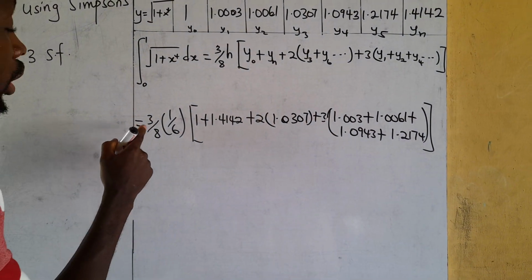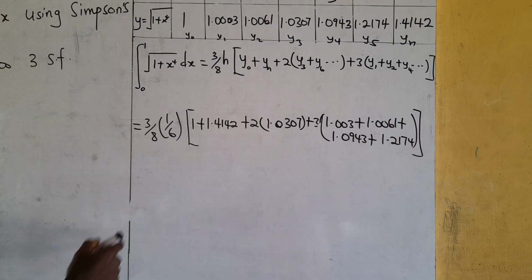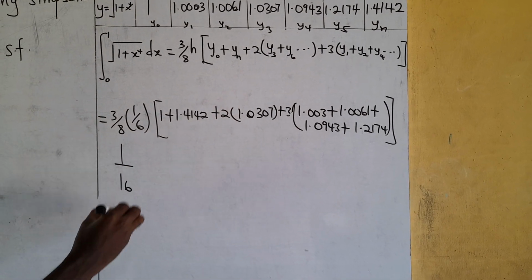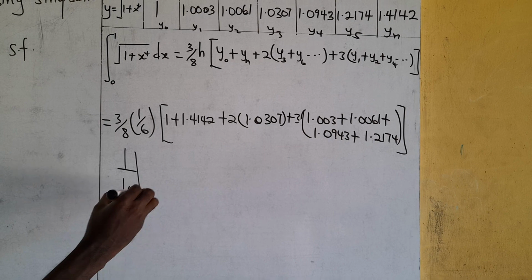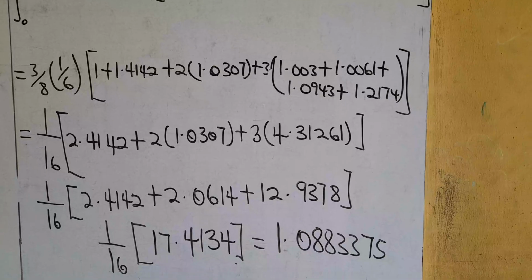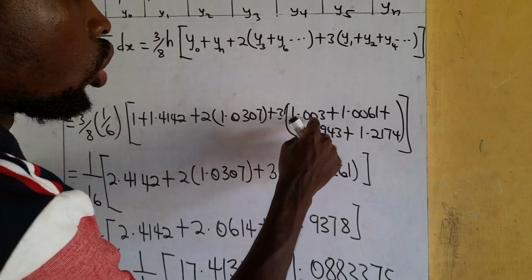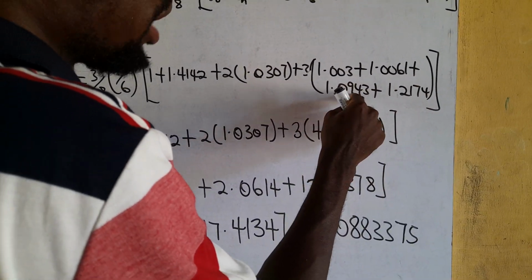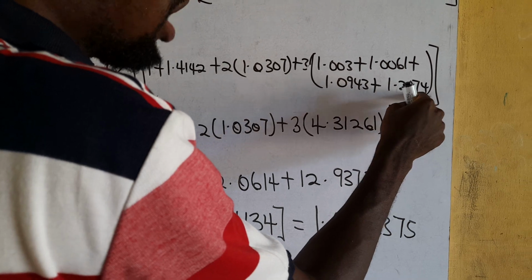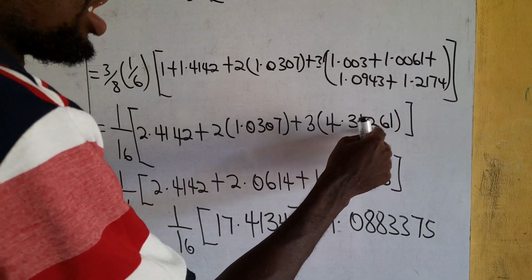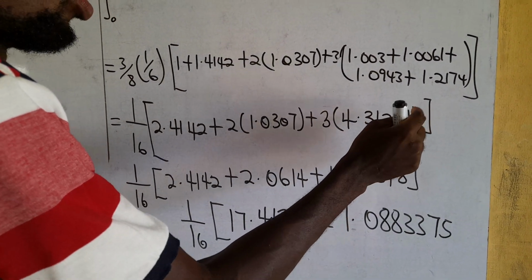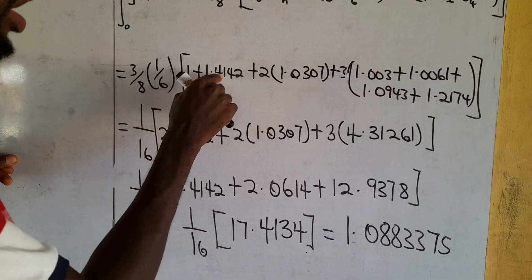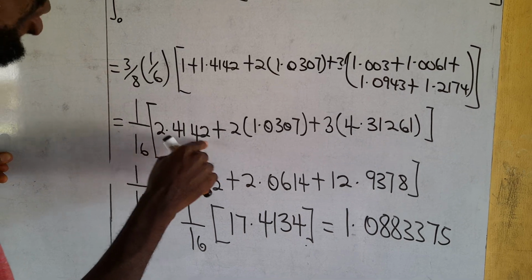So when we multiply 3 over 8 by 1 over 6, 3 will go into 6 twice, so we'll get 1 over 16, then bracket. So add 1.003 to 1.0061 to 1.0943 to 1.2174. We'll get 4.31261. So our 1 plus 1.4142 will be 2.4142.